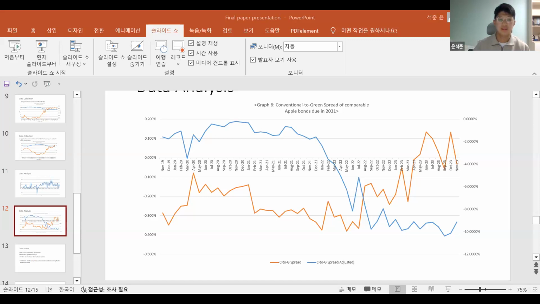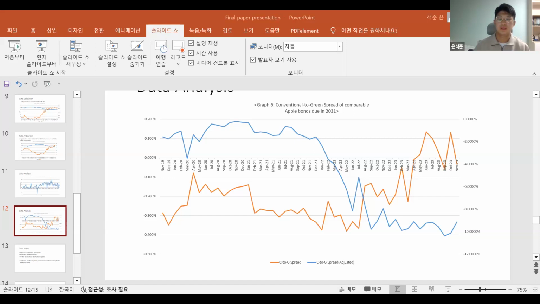And as you can see, this cell is about Apple's third green bond data. And after 2022, for some reason, the bond price declined very steeply, making the YTM increase to over 2 or 3% until today. So this is a very notable result.